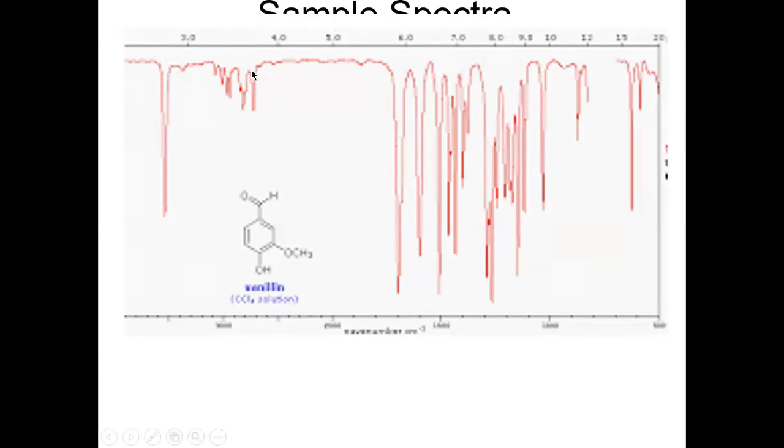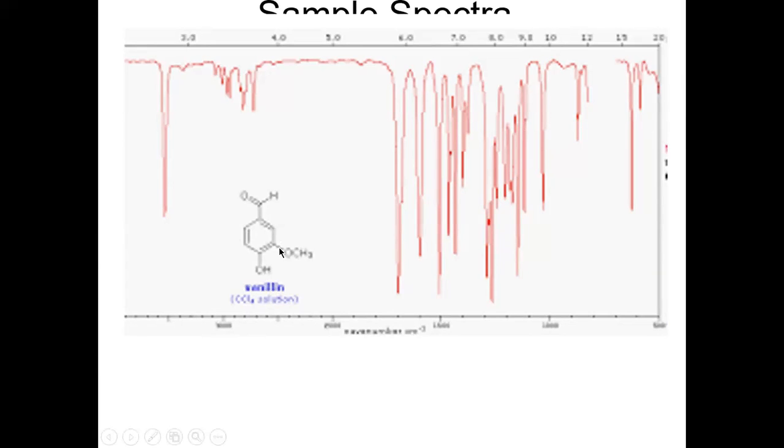We'll talk more about the x-axis and the wave numbers when we get into this, but the spikes you see right here correspond to the aromatic CH bonds, the stretching and bending of those bonds. The one you see here corresponds to that OH group. This big spike right here corresponds to your carbonyl. And this spike here corresponds to your CO single bond stretch.